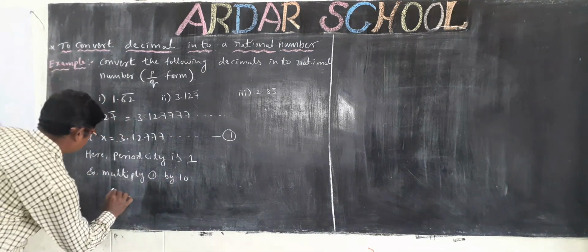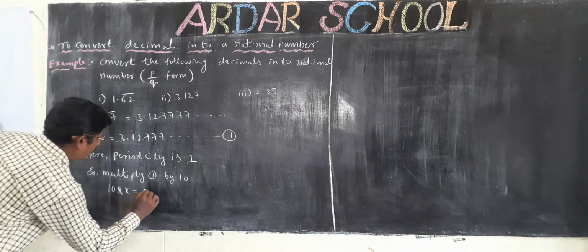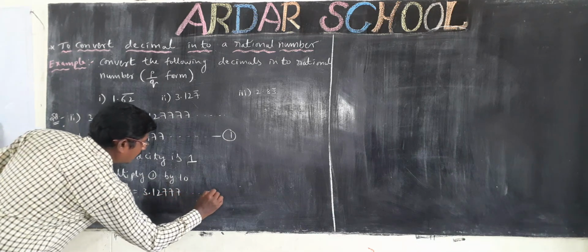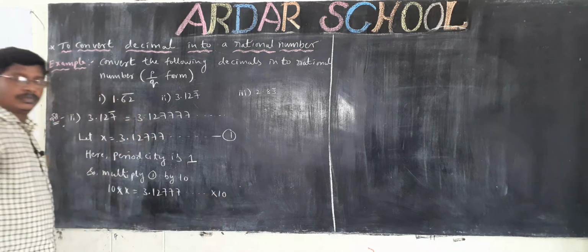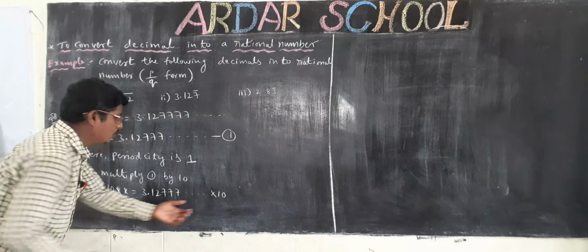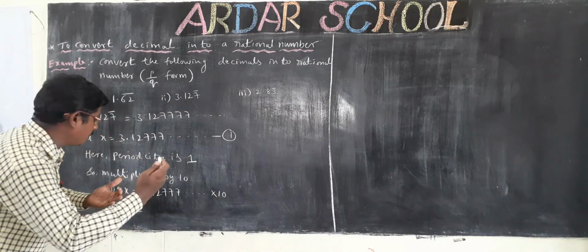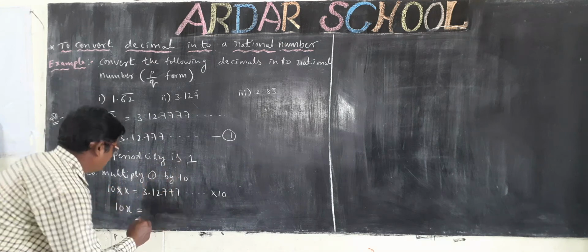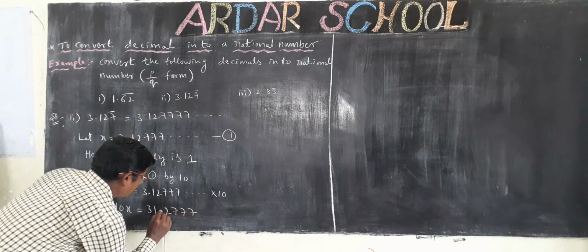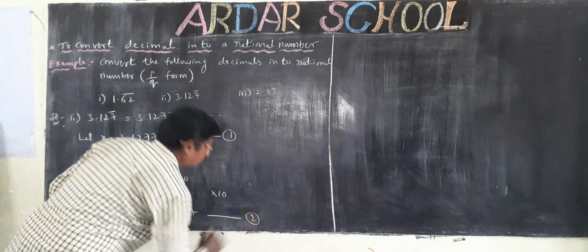So 10x, 10 into x is equal to 3.12777 and so on into 10. Then we get 10x is equal to, how to multiply with 10? The decimal point moves one decimal place to the right. So that is 31.2777. This is equation number 2.